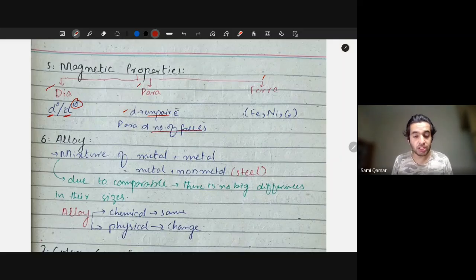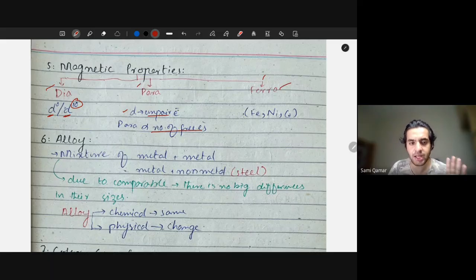Paramagnetism is directly proportional to the number of free electrons. What does that mean? It means the ones with a half-filled d subshell will be more paramagnetic. You can be asked this. And this is very important: when the external magnetic field is removed, the paramagnetism will be gone.